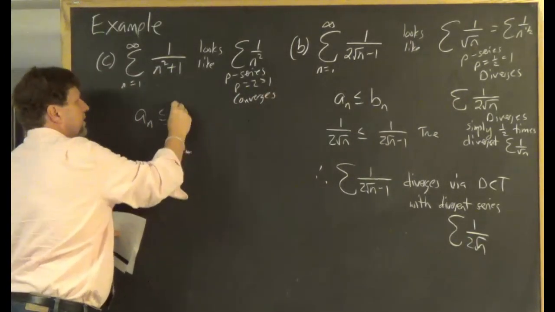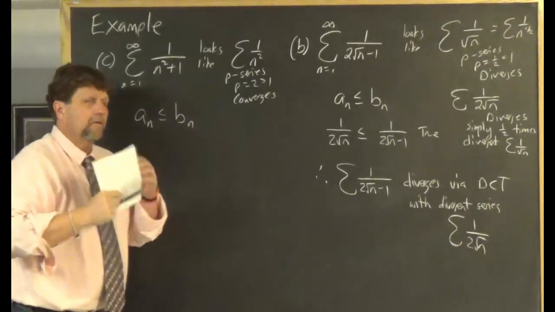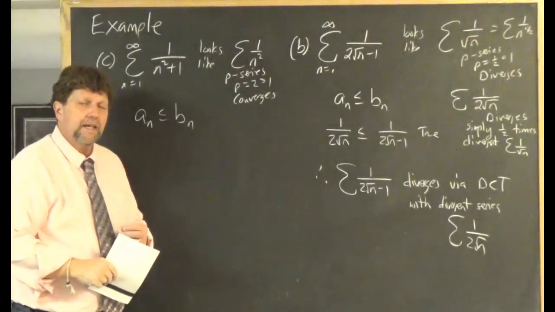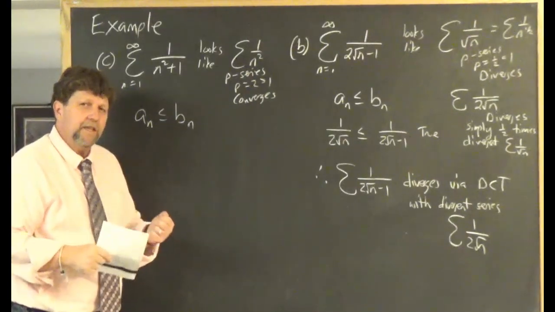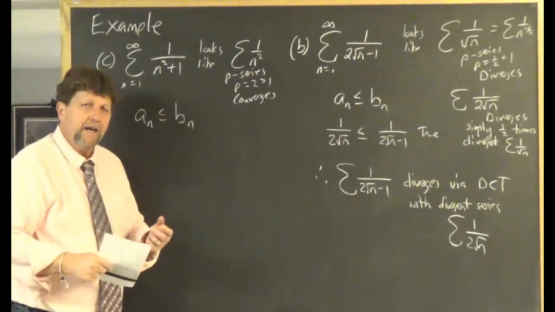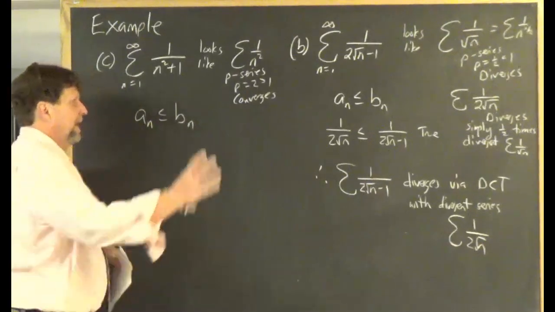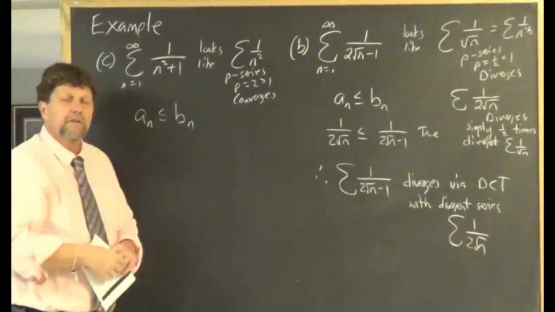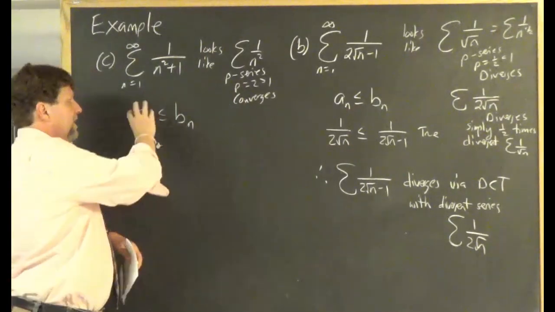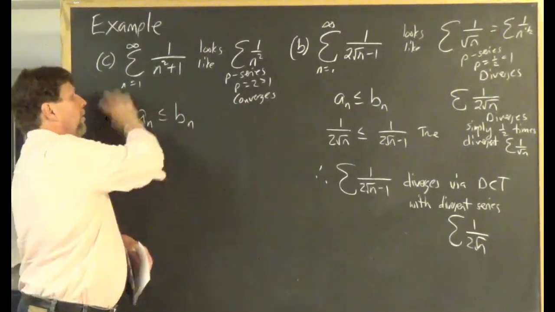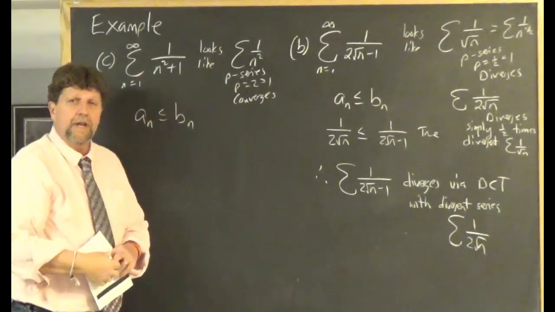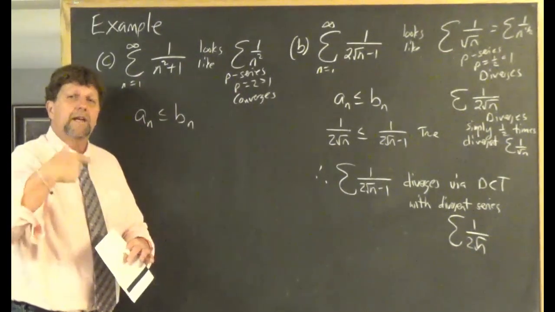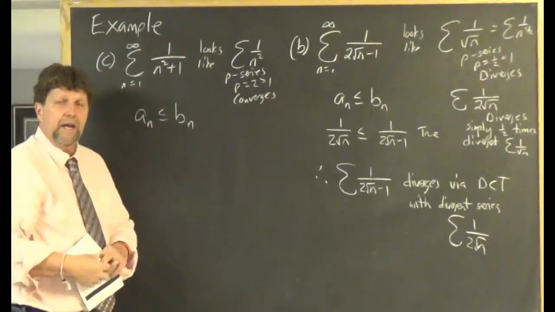I write down, and I encourage you to always write down, the preamble of the direct comparison test. The preamble tells you everything you need to know. If this series converges, something that's smaller must also converge. If this series diverges, something that's larger must also diverge. That's all the direct comparison test tells you, but it comes logically just from this preamble.